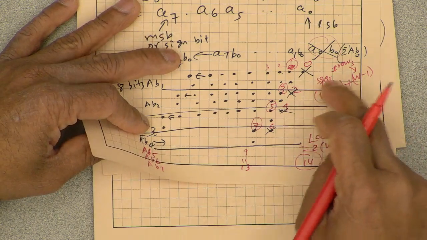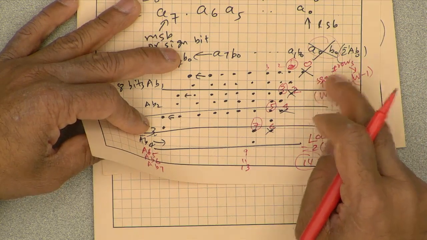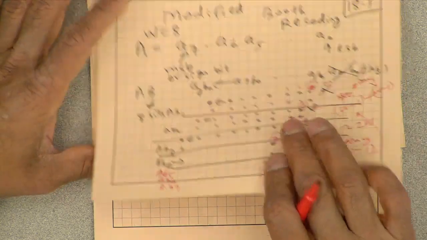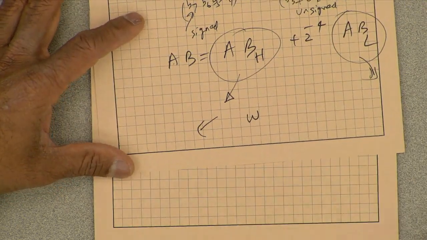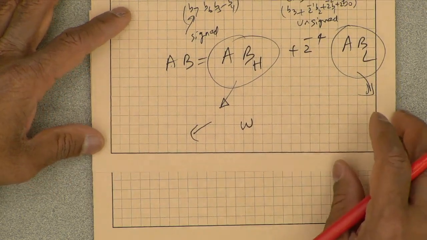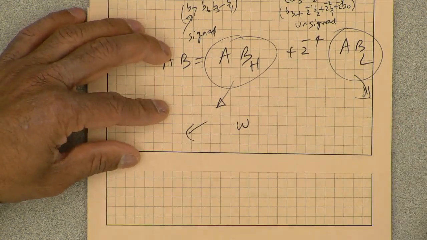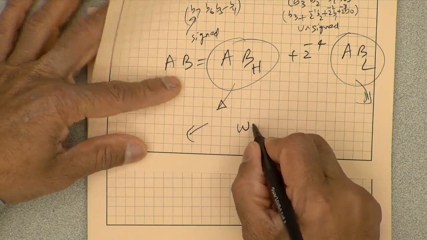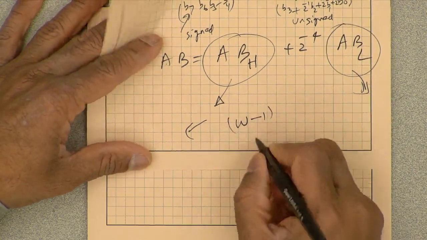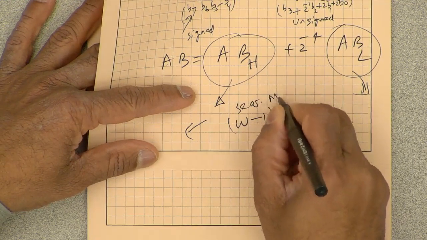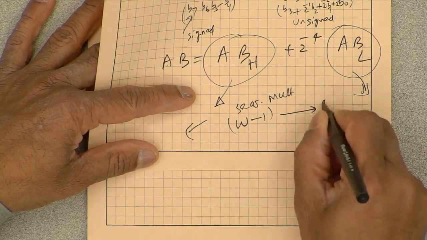Now if I replace that sequential add with a binary tree, that becomes log W instead of W minus 1, exactly as I showed you in adding. Latency is reduced from W minus 1 to log W. So that W minus 1 part of the sequential multiplier is reduced to log W.